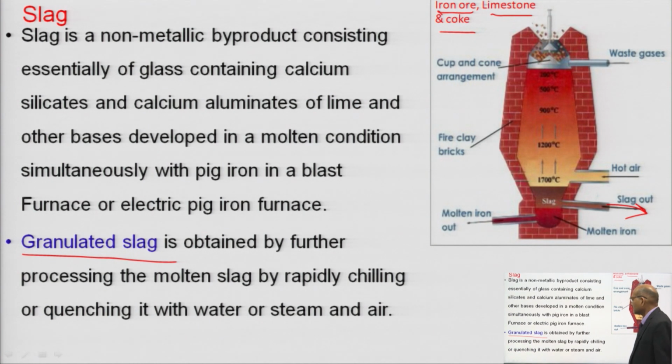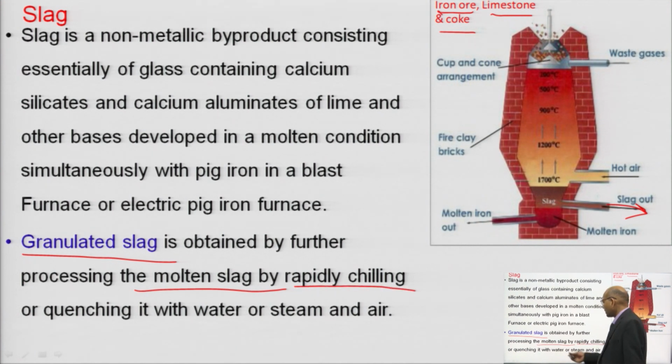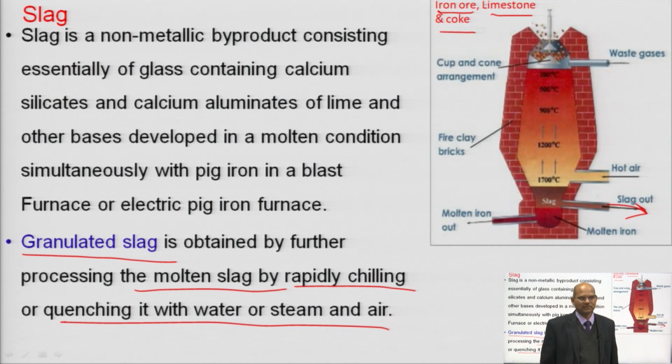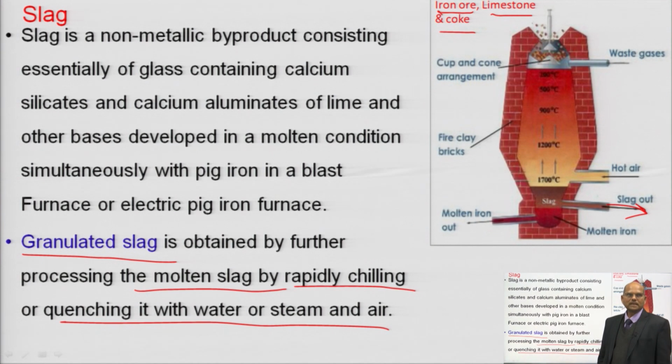You can obtain granulated slag by further processing the molten slag, rapidly chilling or quenching it with water or steam and air. That is very important, otherwise you will not get the glassy phase. If you want glass, you should get the granulated type.